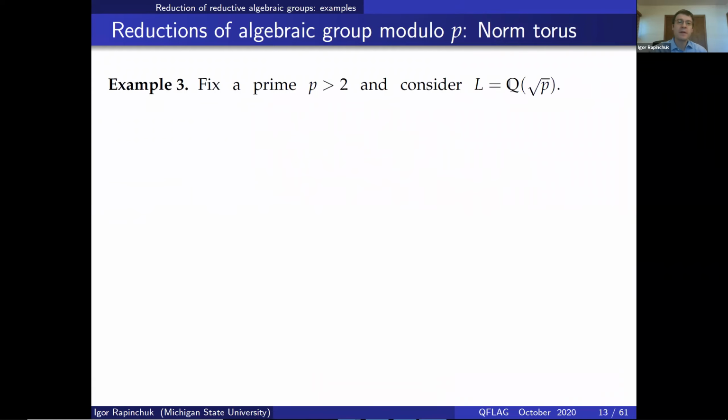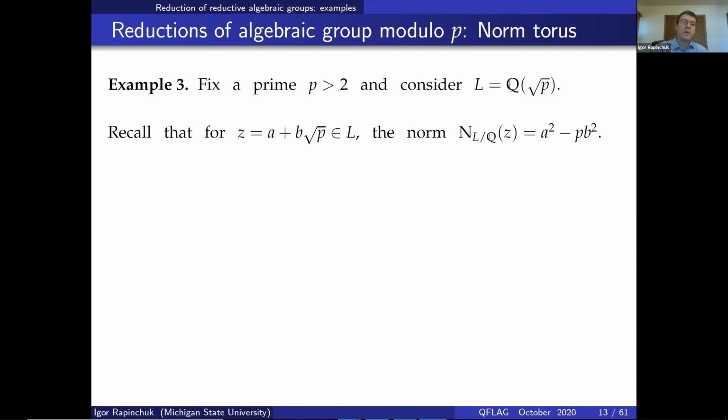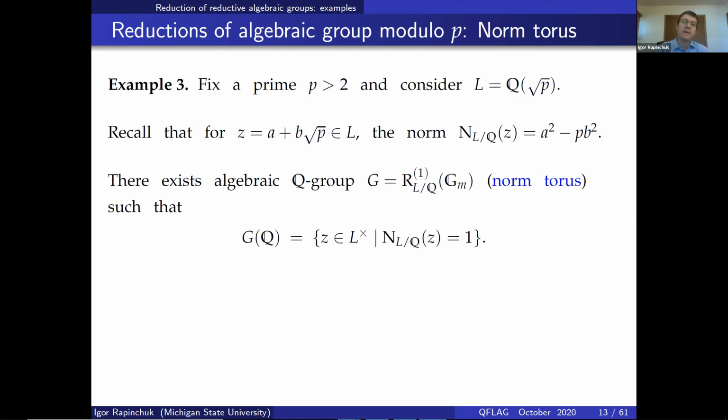Okay, so specifically for this next example, let's fix a prime p greater than 2 and consider the quadratic extension Q adjoined square root of p. Well, as is well known, we have a norm map from L down to Q. And then there exists an algebraic group G over Q, which is usually referred to as a norm torus, whose group of Q-rational points consists precisely of those elements of norm 1.